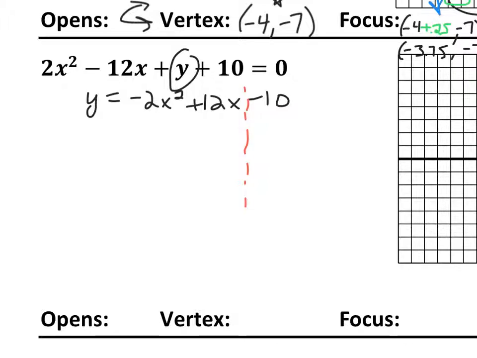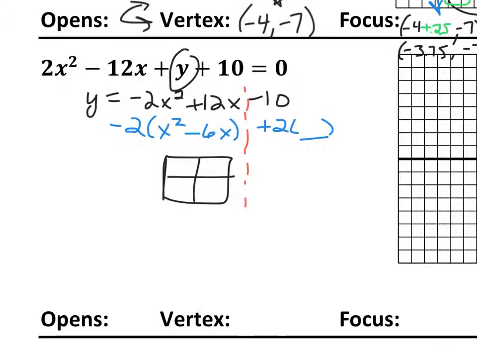Okay, and now remember when we did completing the square, we had to take out that negative 2. So this would be x squared minus 6x. And then on the other side of my dotted line, I'm going to be adding 2 times whatever is in my little box when I do that. Okay, first term, first box, split.